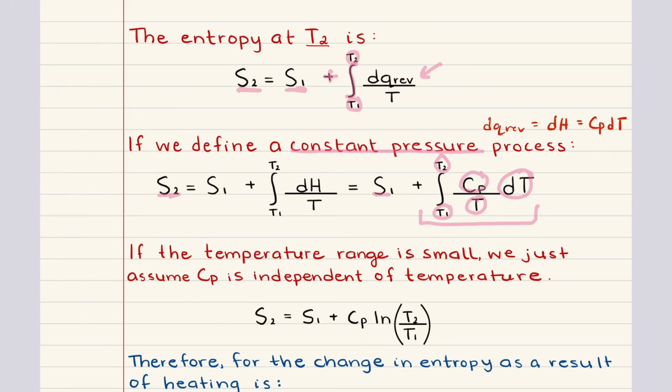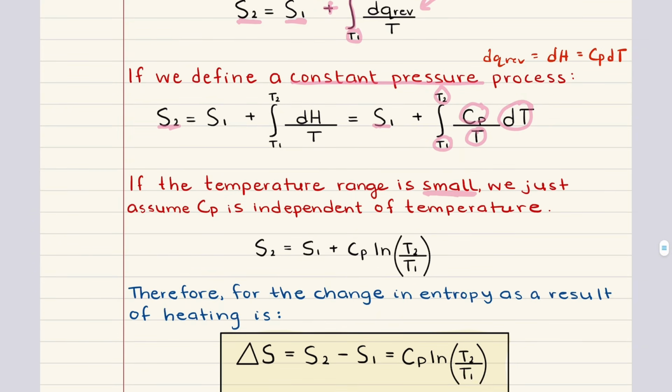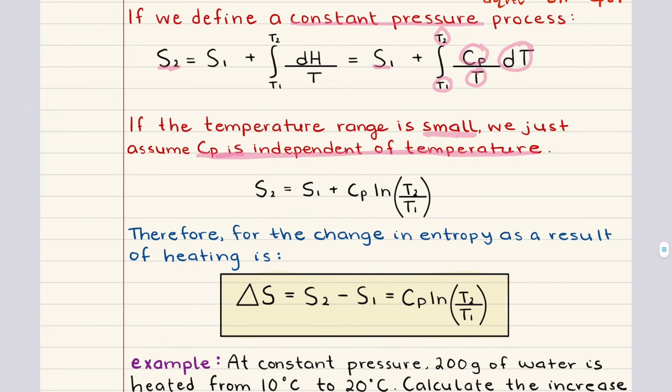If the temperature range is small, we often treat Cp as a constant, independent of temperature. Then the integral simplifies and we get S2 equals S1 plus Cp times the natural log of T2 over T1.